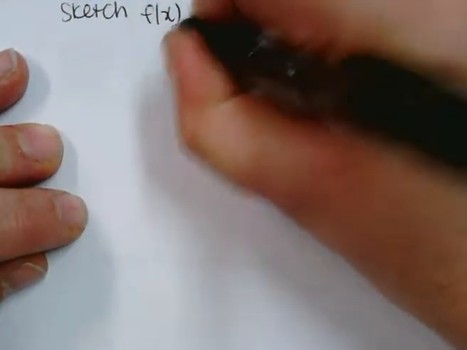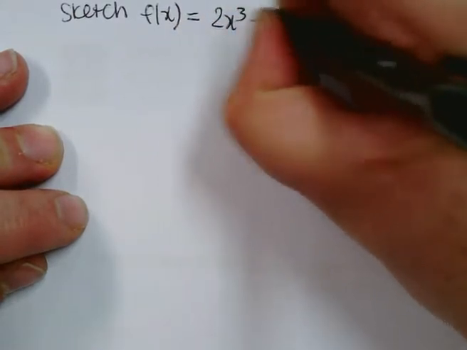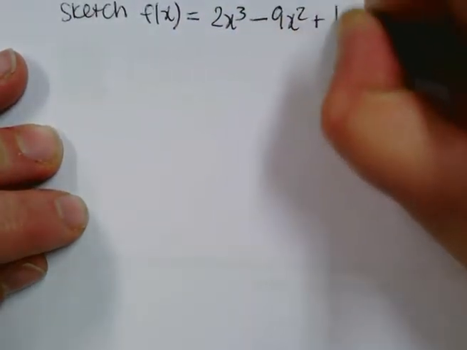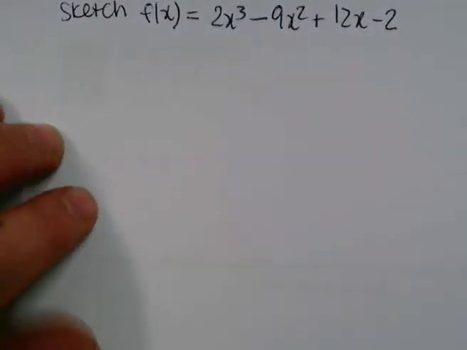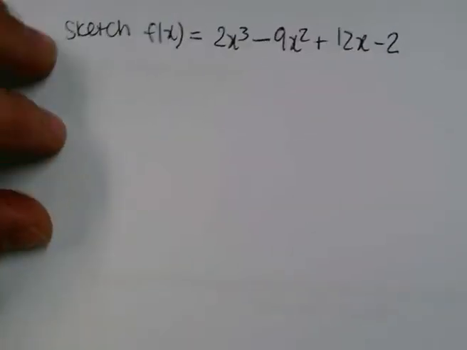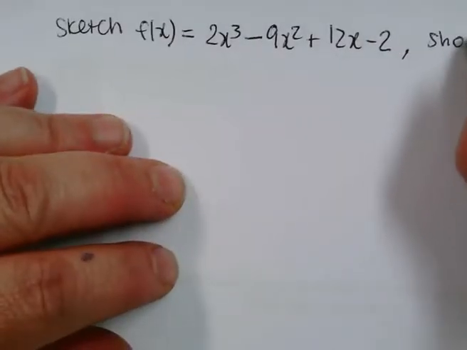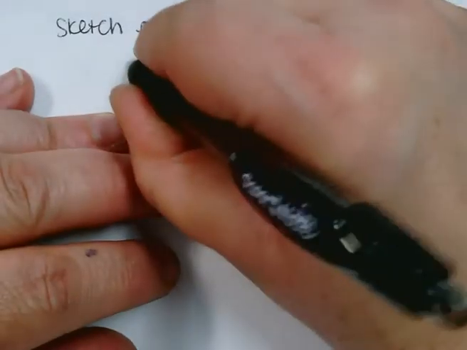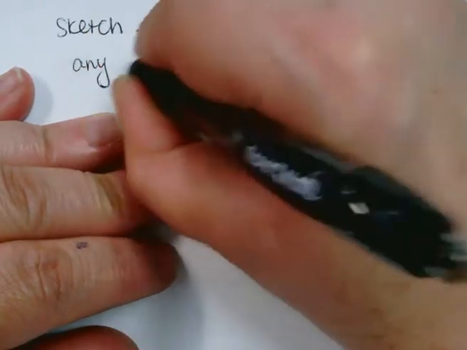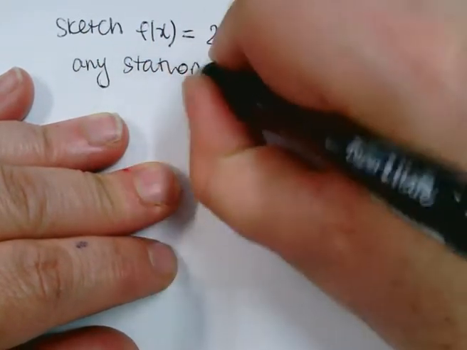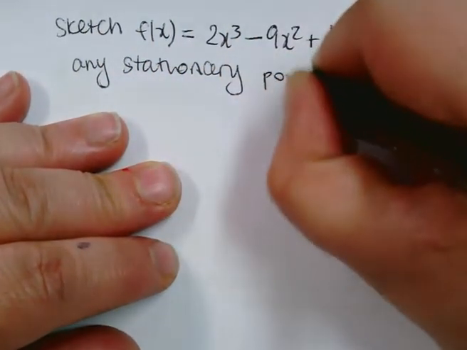the function of x, or y equals 2x cubed minus 9x squared plus 12x minus 2. Okay, so we're going to follow these, showing any stationary points and points of inflection.